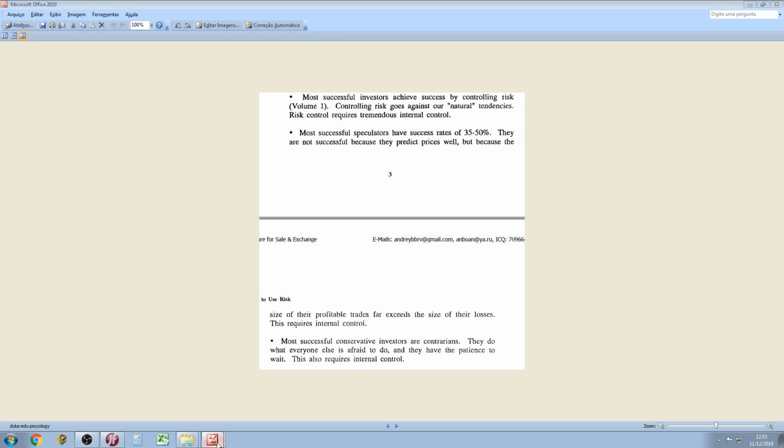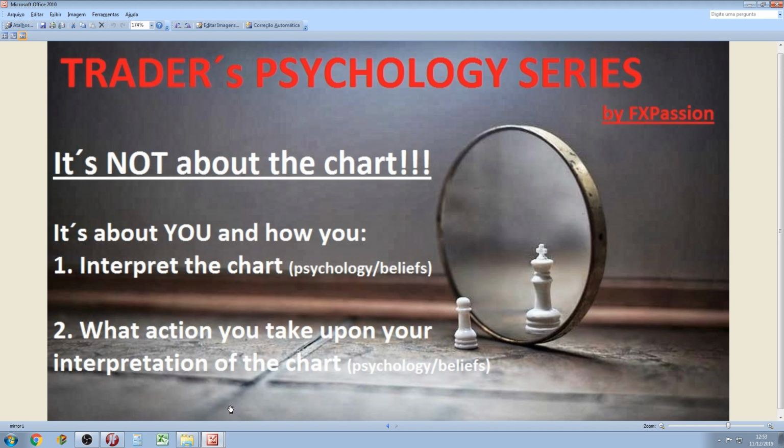It's all about how we manage our emotions. And again, until we are aware of our thoughts and our emotions before we enter into a trade, during the trade, and after the trade, we are going to trade subconsciously.